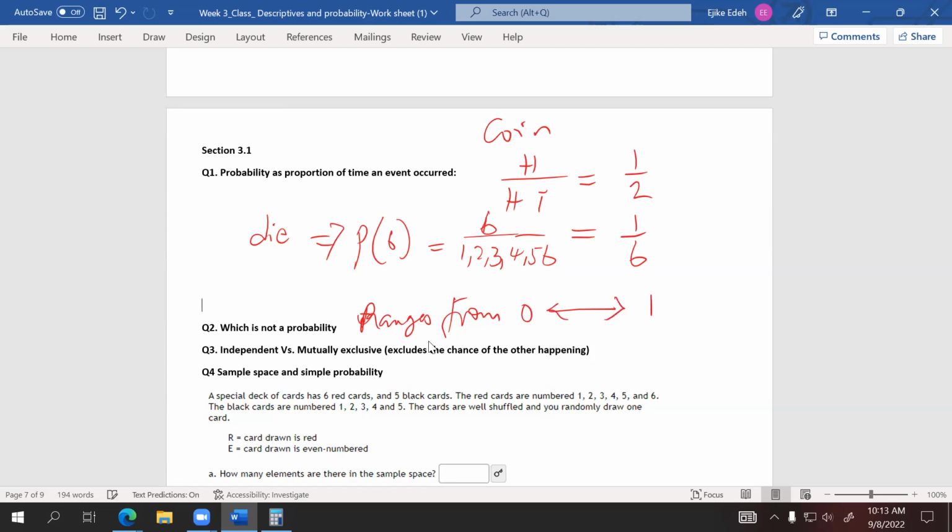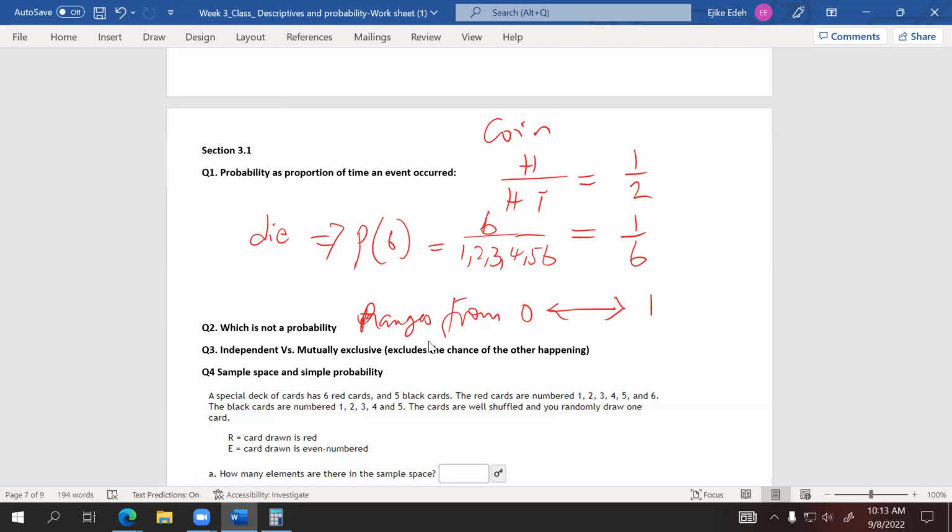So 0 meaning you are certain the event will not occur, 1 meaning you're certain the event will happen, right? So if there is a 0% chance that it will not rain today, then we are 100% certain that it will rain today, right? If there is 0% chance that it will rain, then we are 100% certain that it will not rain. Whatever value you get goes in between.